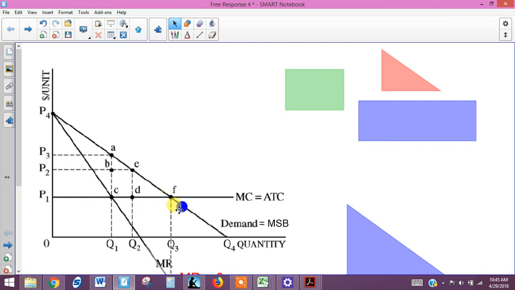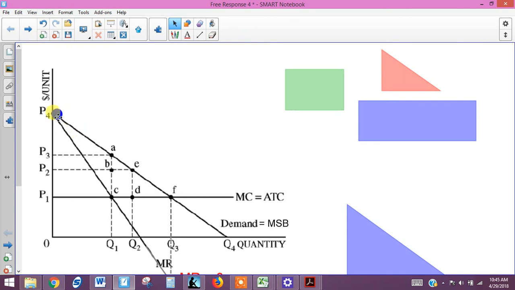They're not going to produce or want to sell after the point where price is below marginal cost. So they're going to go from here to here, and perfect price discrimination means theoretically that they can charge each consumer exactly what they would pay.